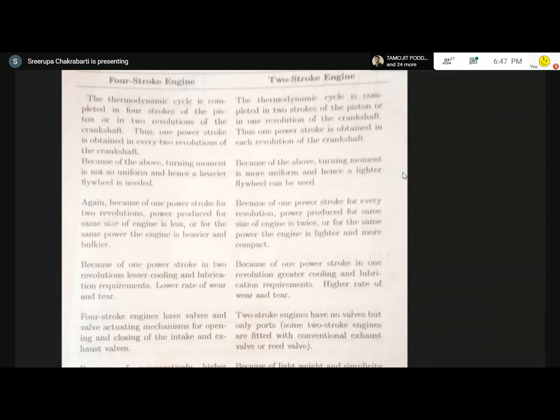Now, within that framework, that is also called a mechanical cycle. Mechanical cycle because it is a thermodynamic cycle, no doubt, but not a thermodynamic closed cycle. It is called a mechanical cycle where 4 mechanical operations are required.